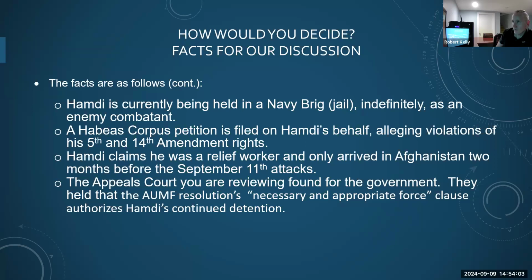The Circuit Court of Appeals found in favor of the government, holding that the authorization for the use of military force resolution clause about the necessary and appropriate force authorized the government, under the president's authority, to basically continue Mr. Hamdi's detention indefinitely. So think of the prisoners in Guantanamo Bay in Cuba. Those are the facts.